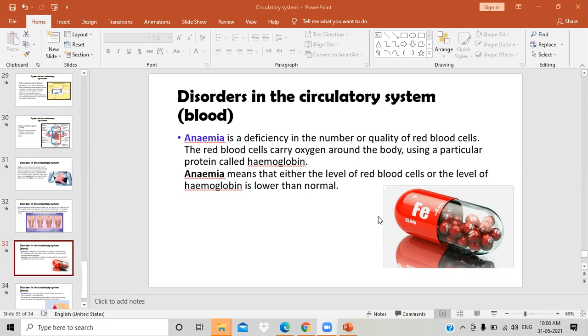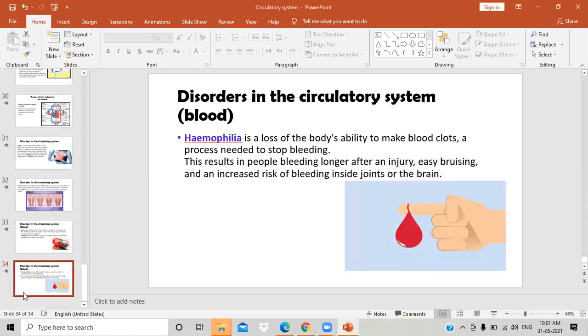Of course, they will repeat it for you. I'm just giving you the information. The last disorder, guys, is also related to the blood, which we call hemophilia.